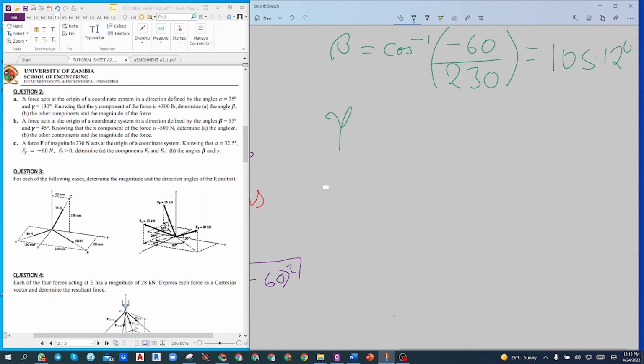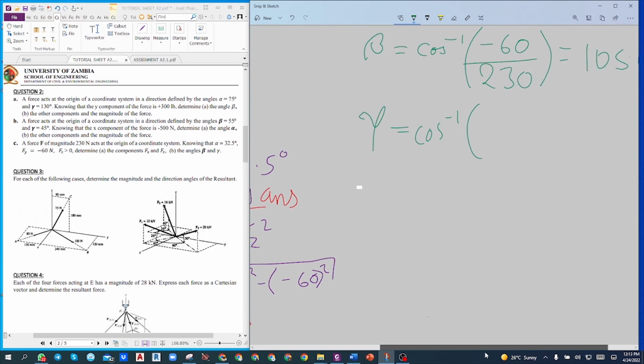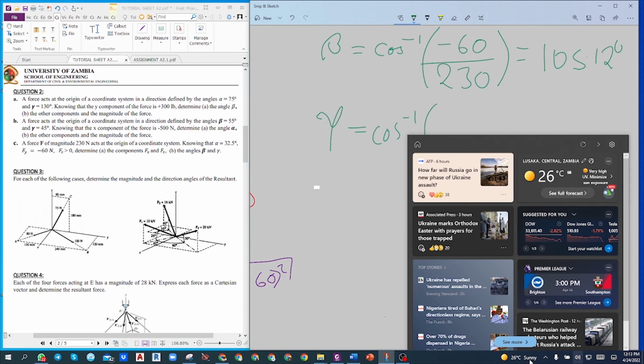our gamma will be equal to cos inverse of what we found there, 108.04.